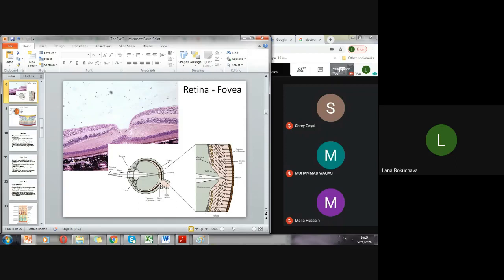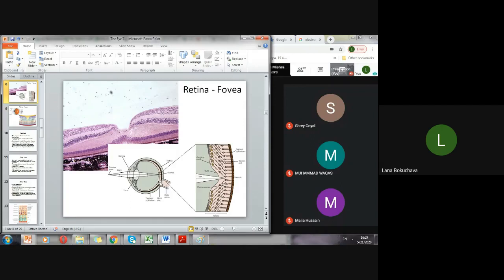very close to the portion of the fovea, we do have the structure which we call the optic disc. To be honest, the words optic disc literally mean that this is the blind spot. Why blind spot?